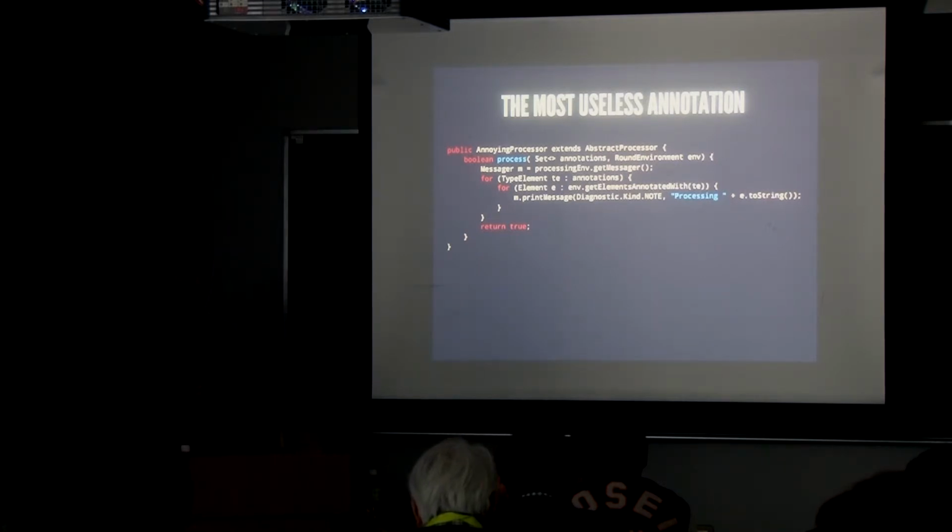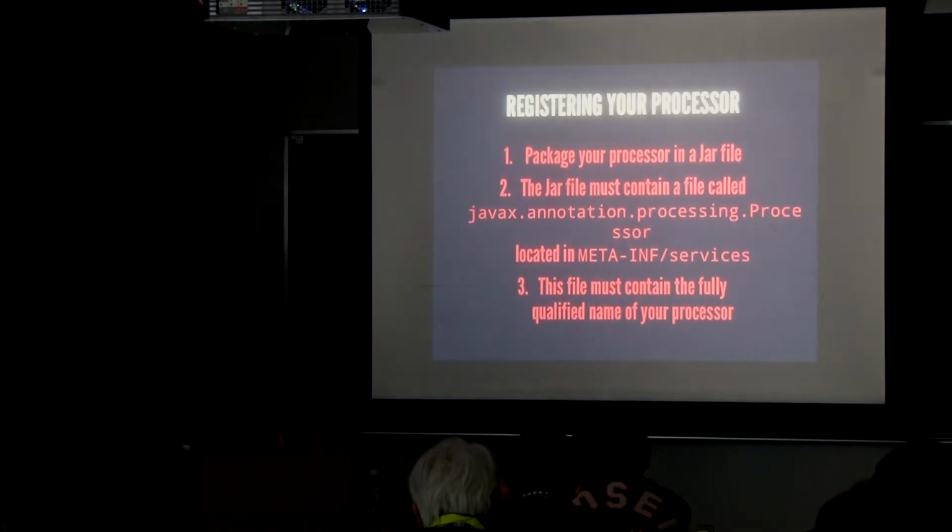So how does the compiler know that there is an annotation processor that needs to be executed? Well, that is something you have to do yourself. And sorry for the ugly formatting here. Basically, when you give an annotation processor to a user, you have to package it in a jar file.